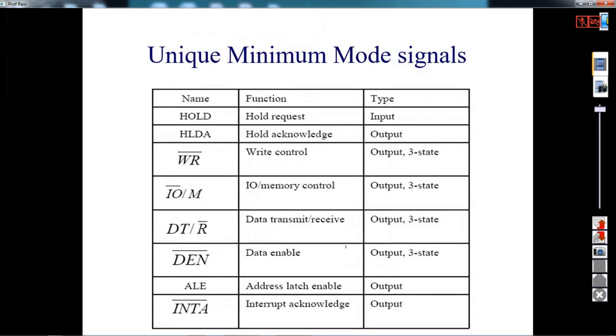Now coming to the minimum mode signals, these are other important signals. Here hold means hold and hold acknowledge. These are used in direct memory transfer.